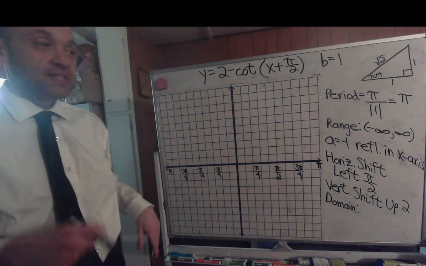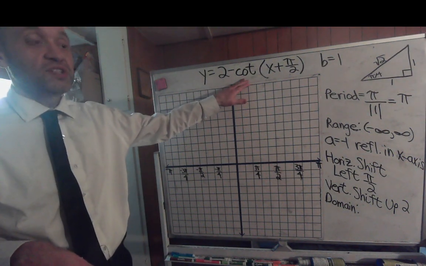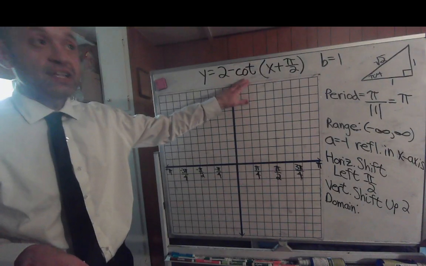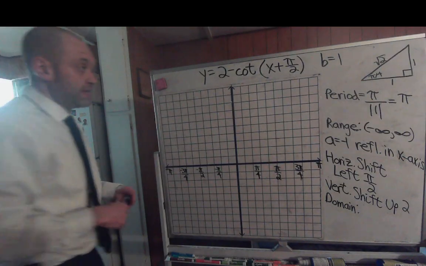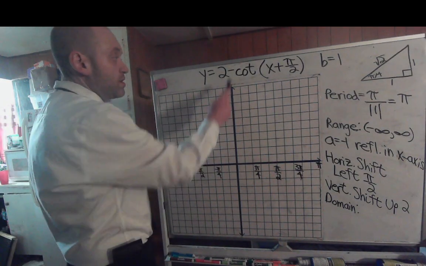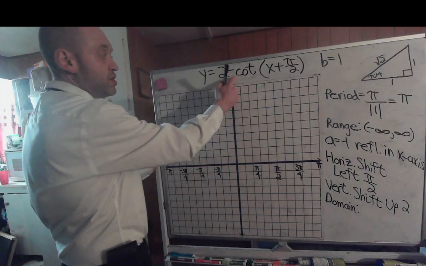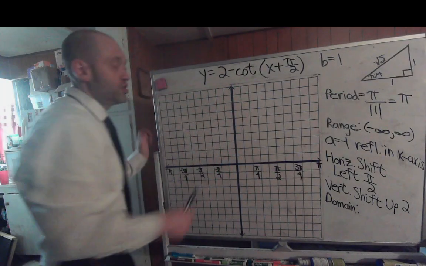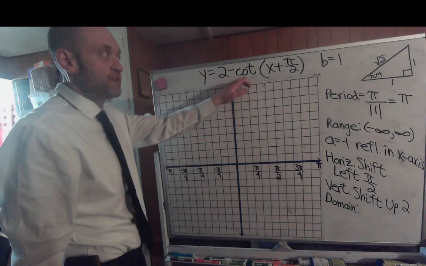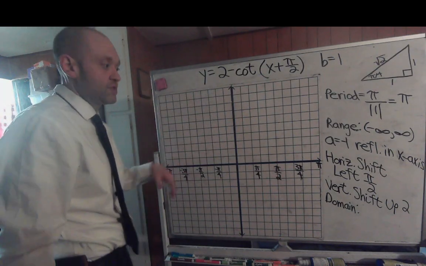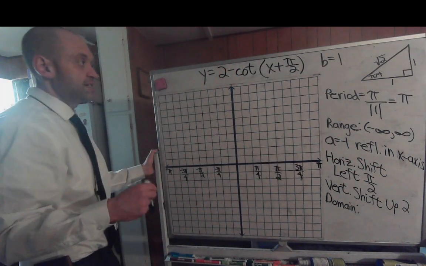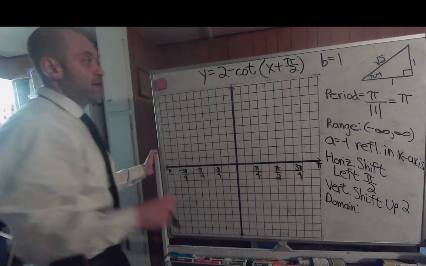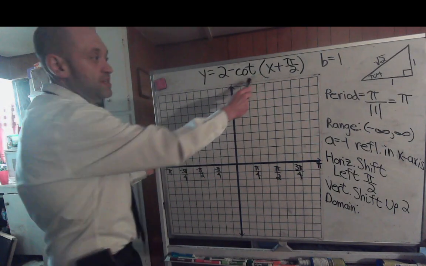In the end, even though this is cotangent, this is going to look a lot more like a tangent graph instead. So this is where the a does matter. That coefficient on the cotangent is negative 1, right? Because you could think of this as 2 plus negative cotangent of x plus pi over 2. So we are still going to have a reflection in the x-axis. Now the coefficient outside the parentheses is still 1.